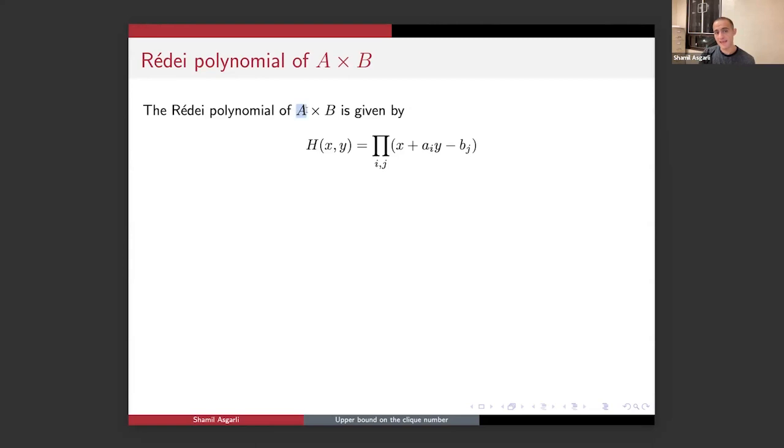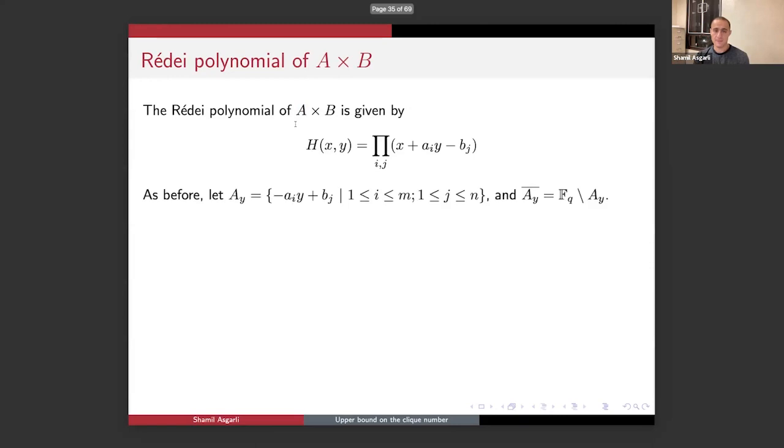So remember, A is the set consisting of the numbers a_1, a_2, and so on. Or, sorry, I got the m and n wrong. So A is all the elements a_1, a_2, all the way until a_m. And B is b_1, b_2, b_3, all the way until b_n.